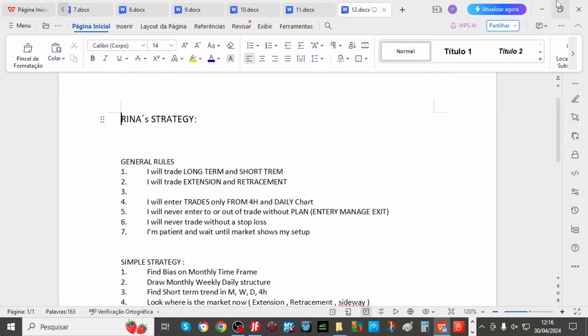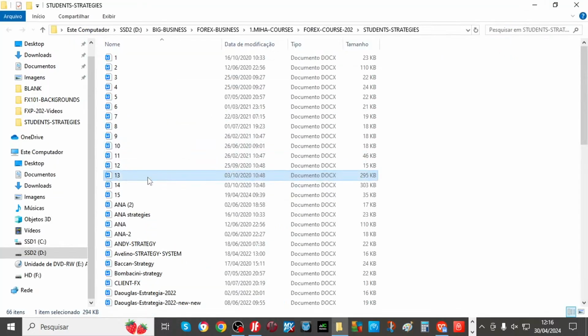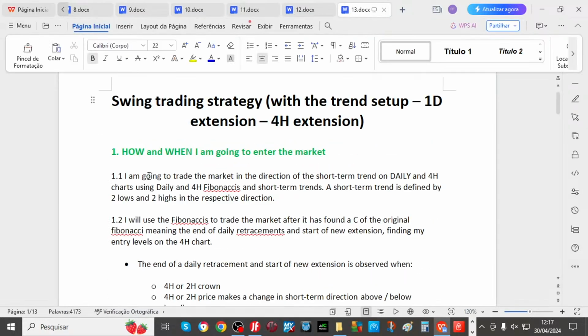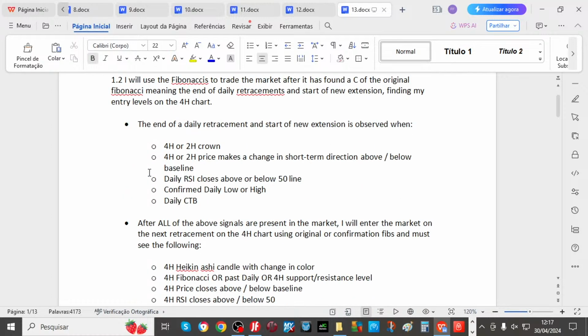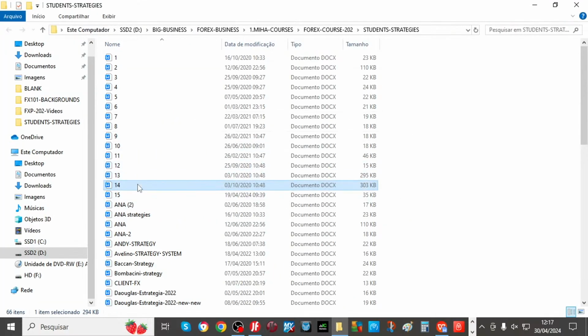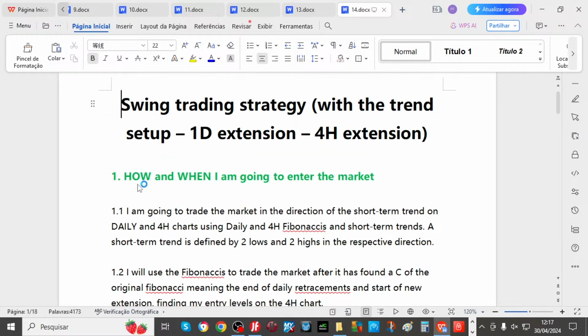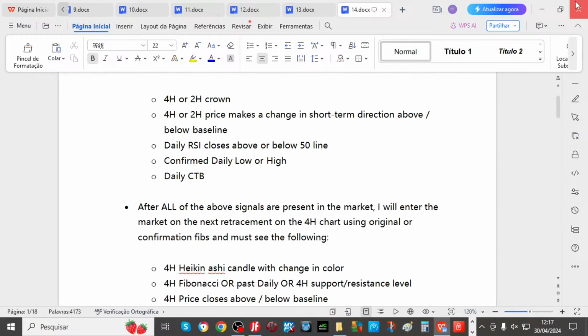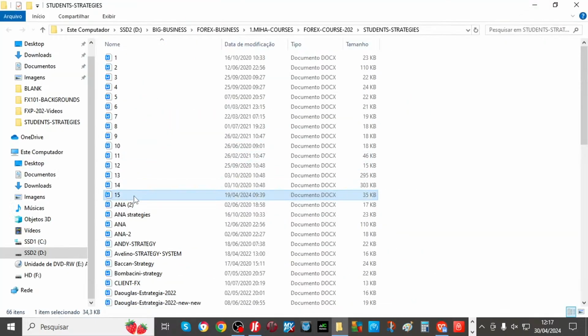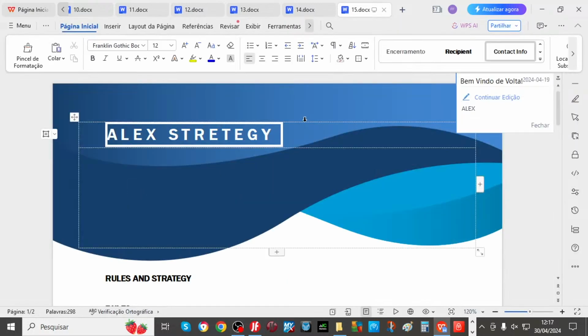General rules. 13. How and when. Fibonacci. Alright. 14. How and when. Looks like it's the same. 15.